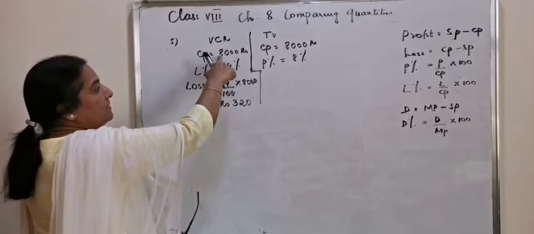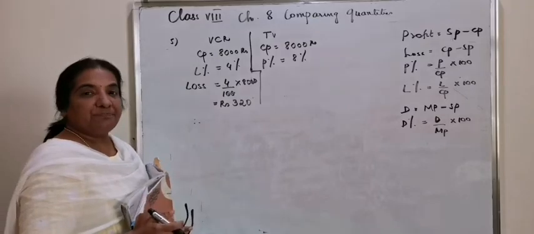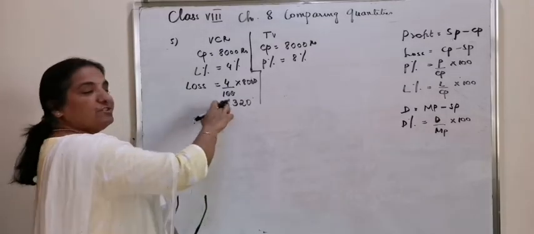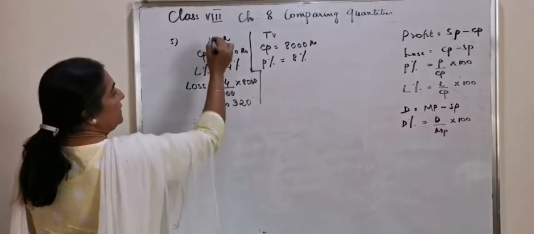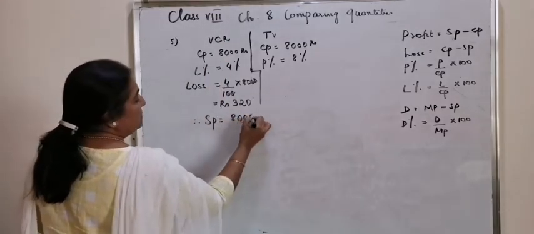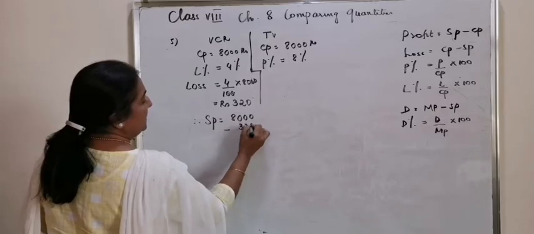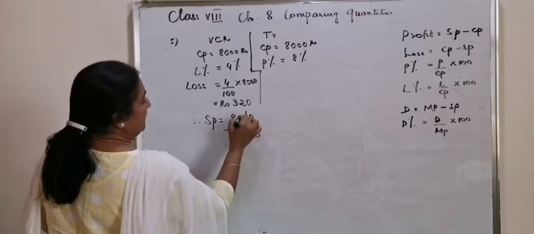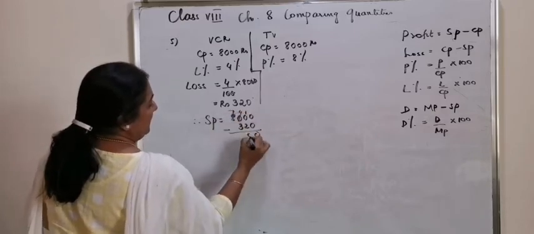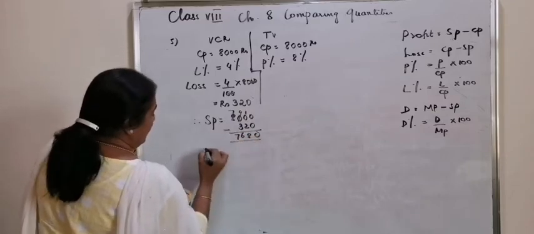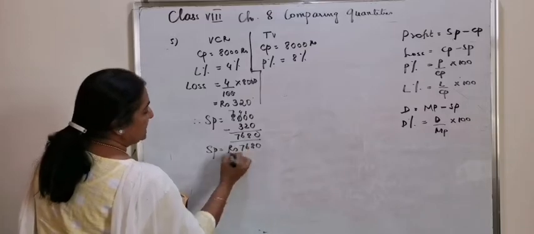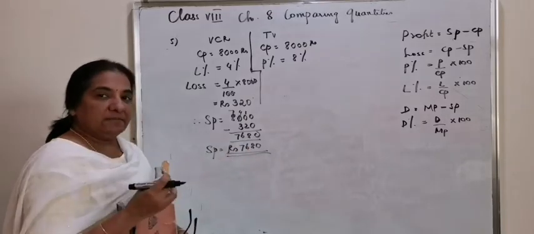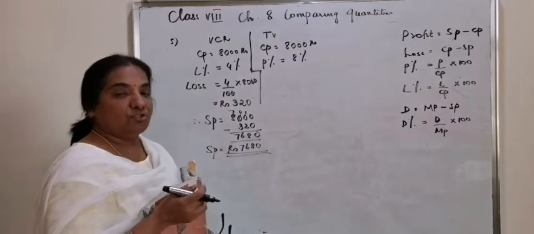He bought the VCR for 8,000 rupees and he had a loss of 320 rupees, means the selling price of that VCR is 8,000 minus 320. That means the selling price is rupees 7,680. The shopkeeper had made a loss.